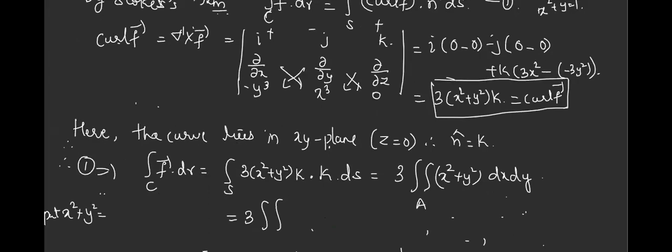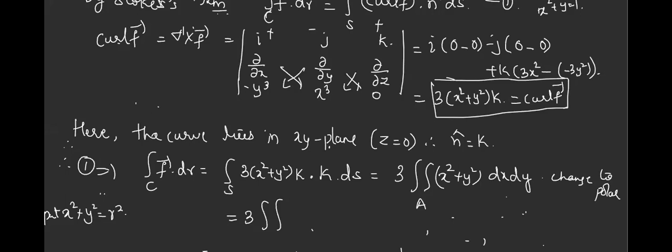Put x square plus y square equal to r square. We are applying change to polar coordinates. So I'm not writing that beginning part, x equal to r cos theta, y equal to r sin theta. I'm just directly writing. If you are comfortable, you write that also.